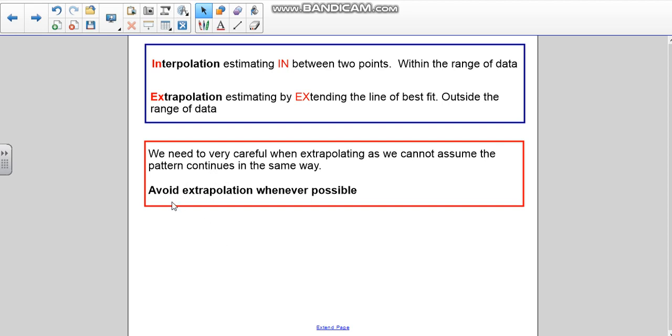So the general rule is that we avoid extrapolation whenever possible. We can't always, but if we are going to extrapolate, we need to be aware that there are problems with it. So press pause, get all of that in your notes. As we said, the title is Interpolation and Extrapolation, so you really need to understand the difference between the two.